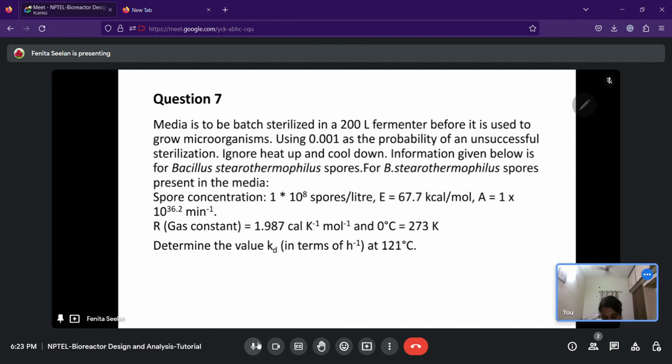Let's start solving the problem. Let's start writing down the given values.